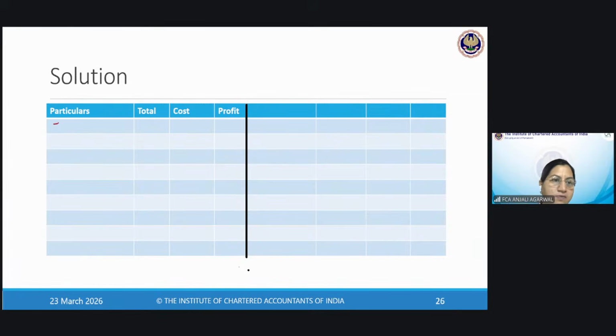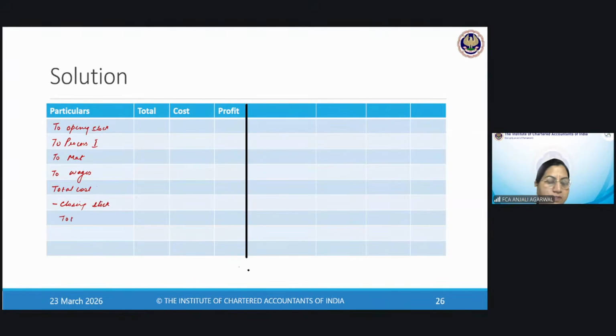In second process, once again, you will start with opening stock. Process 2, process 1, 2 material, 2 labor. Then take the total cost of production minus closing WIP, closing stock, sorry.